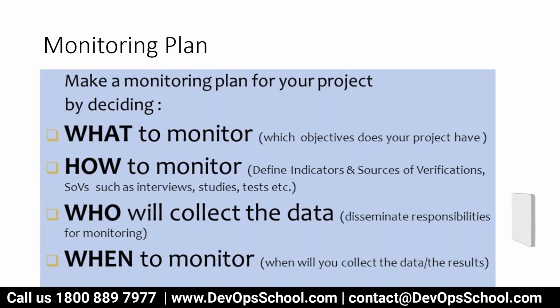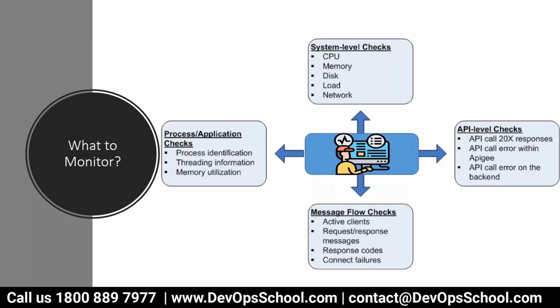Who will collect the data? That means some sort of agent, or some disseminated responsibility for monitoring. And when to monitor: when you collect the data and the results. These are the primary things you ask during the monitoring plan.